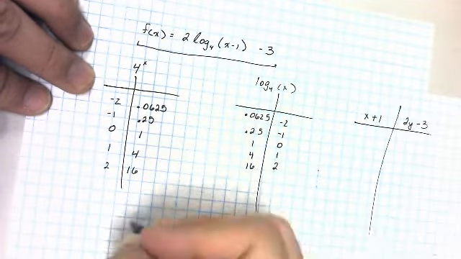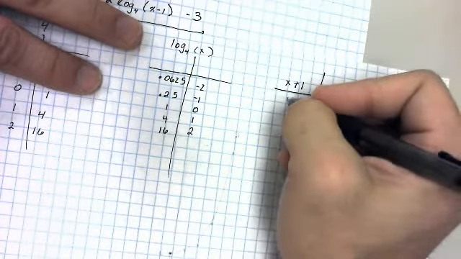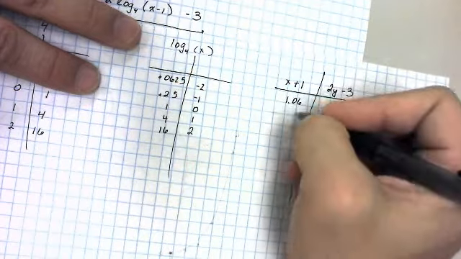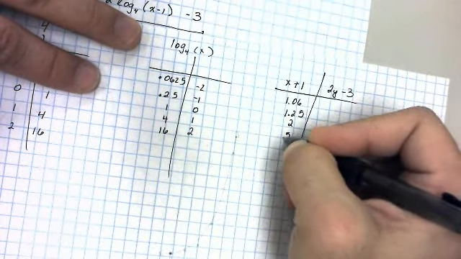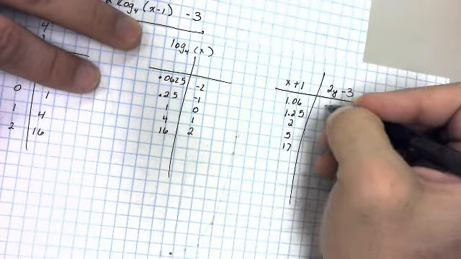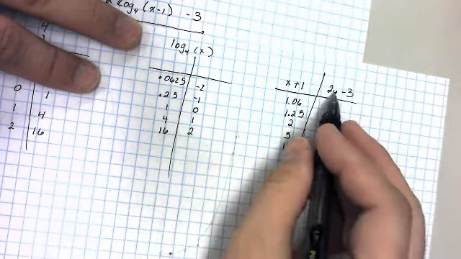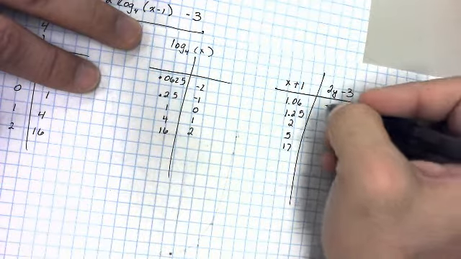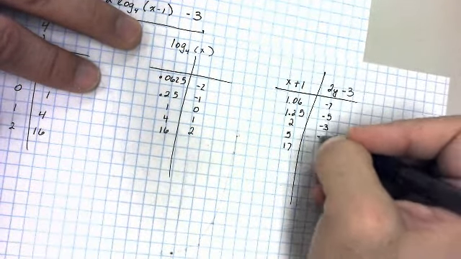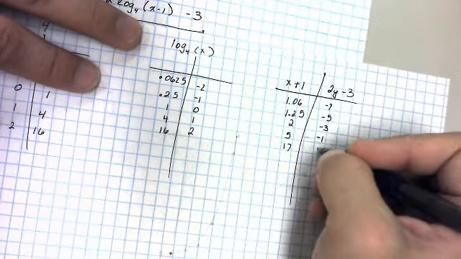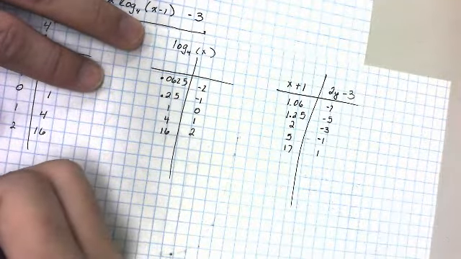Last but not least, I'm going to add 1 to my x's, rounding to the hundredths place just to make it a little easier to graph. And then my y's I'm going to multiply by 2 and subtract 3. And those are the values that I'm going to graph to form my logarithmic function.